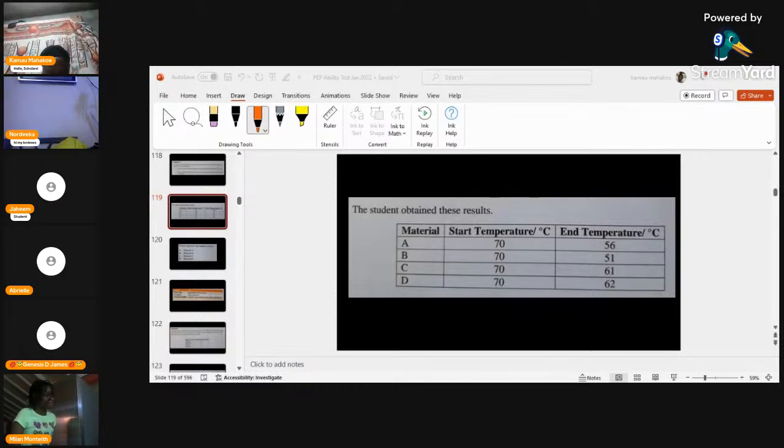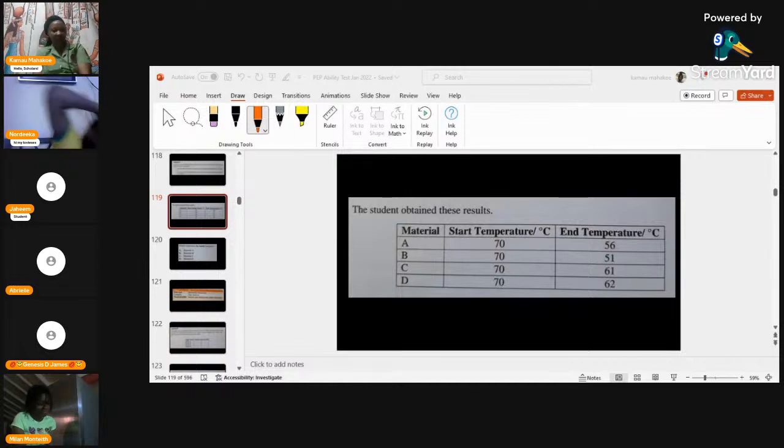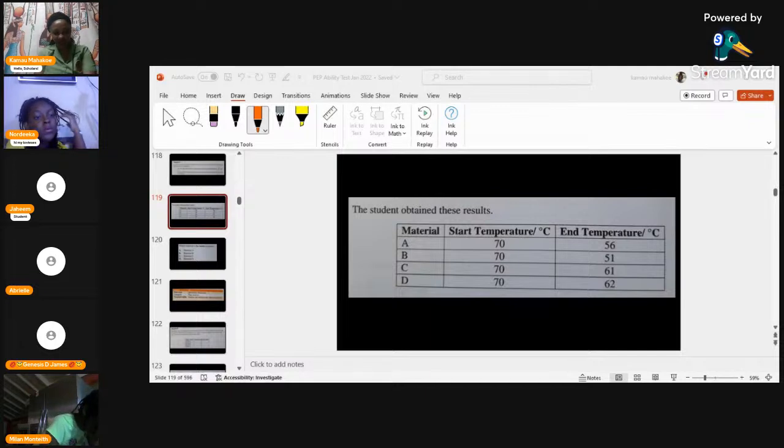All right, so 3. How much has been lost? 8 degrees. From 70 to 62, 8 degrees of heat has left the material, has left the soup.